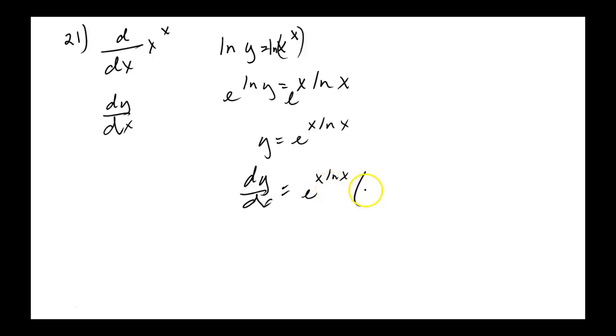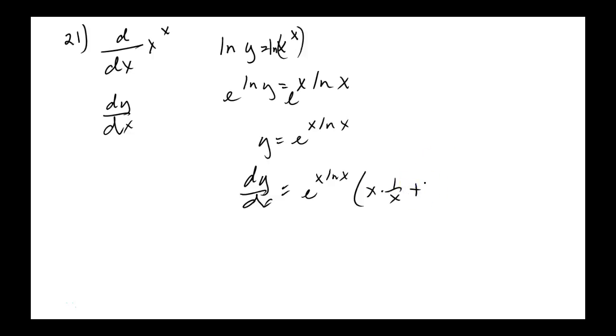What would that give you? x times the derivative of log x. The derivative of log x is 1 over x. So x times 1 over x, that's the first part. That works out nicely.